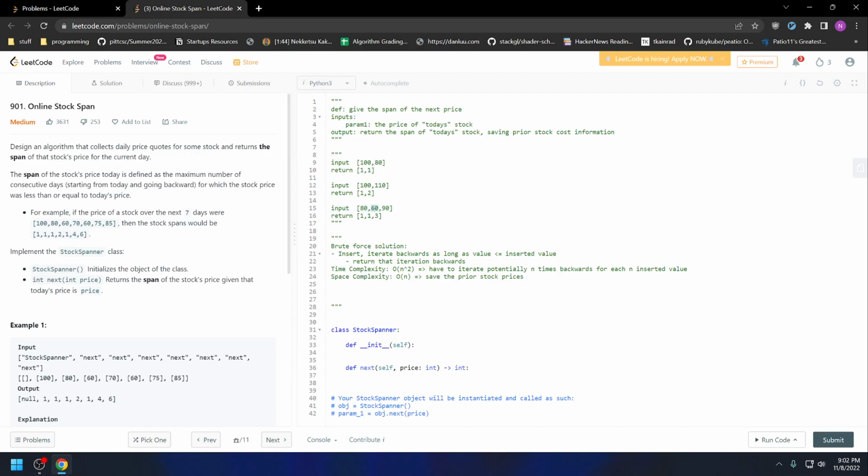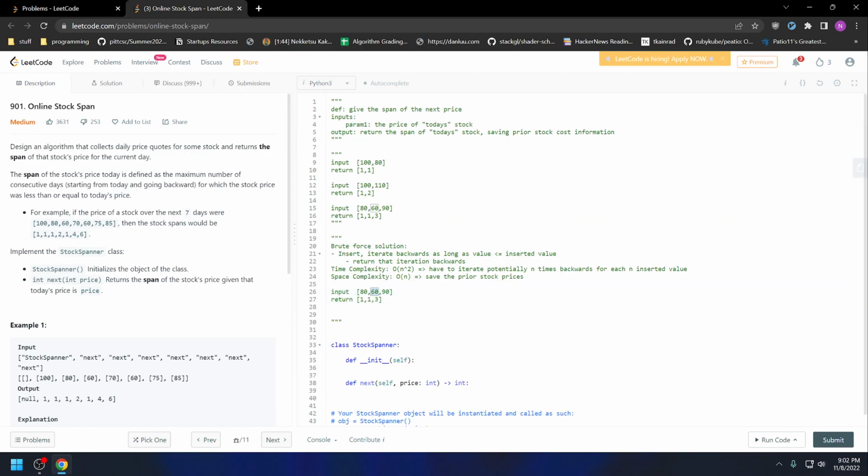Then if I insert anything over 80, that's going to be plus 1. Now I have a 60 here. Anything I insert over 60 will also have an additional 1 to it. But it has to be consecutive. That's the thing. So that's no better than checking every single spot.